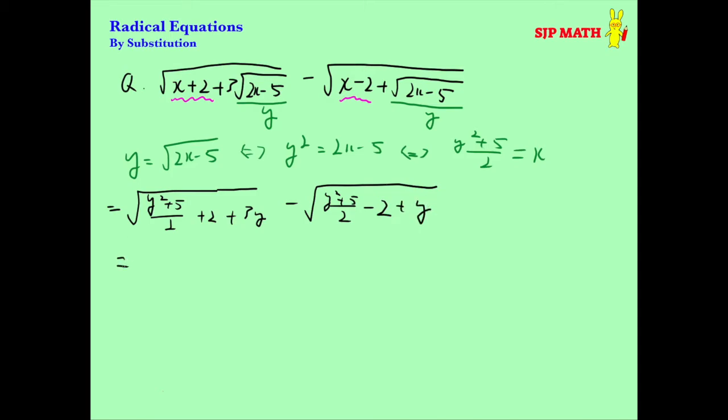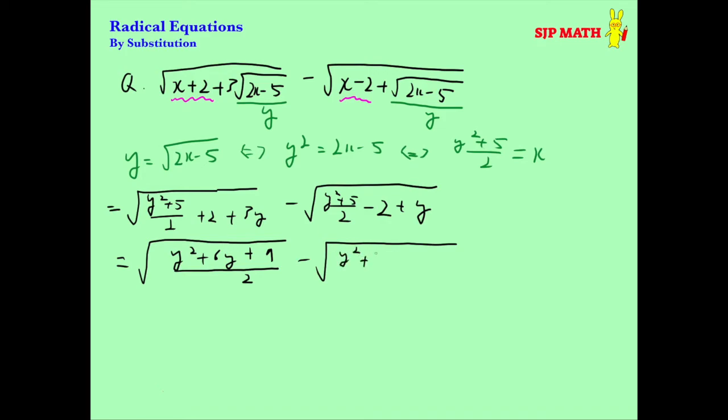And then if we bring them all to the numerator, this will be y squared plus 6y plus 9 over 2. This will be y squared plus 2y plus 1 over 2.